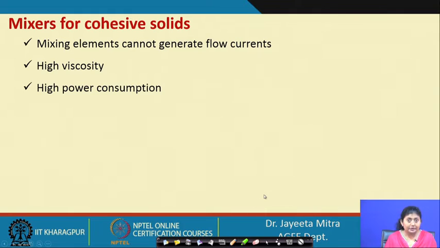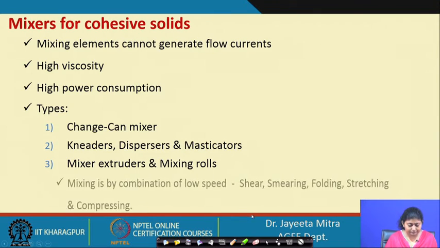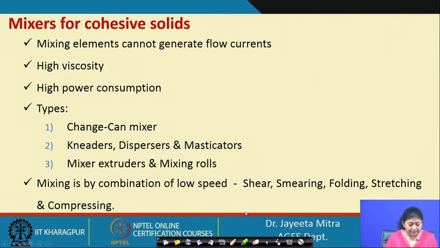High power consumption is one significant thing that is needed for the cohesive solid, and the types will be change can mixer, kneaders, dispersers and masticators, mixer extruders and mixing rolls. Mixing is by a combination of low speed shear, smearing, folding, stretching and compressing.